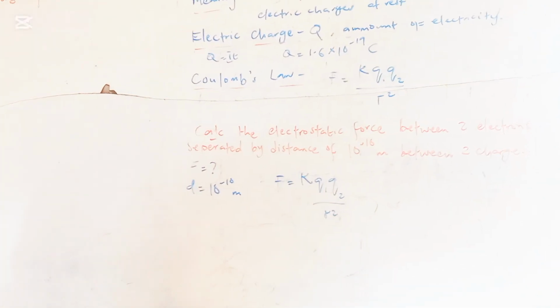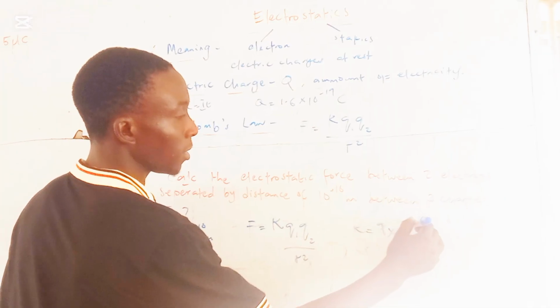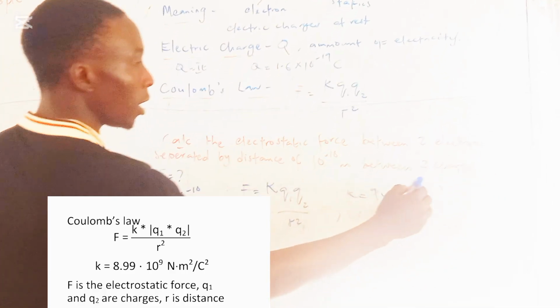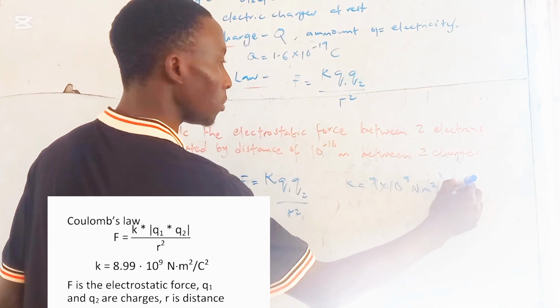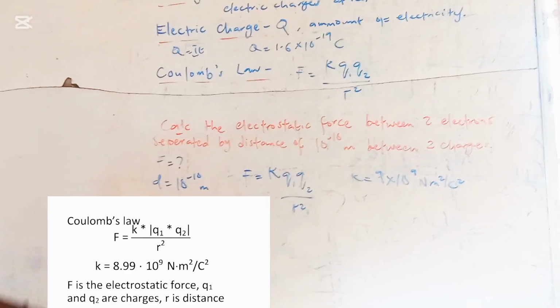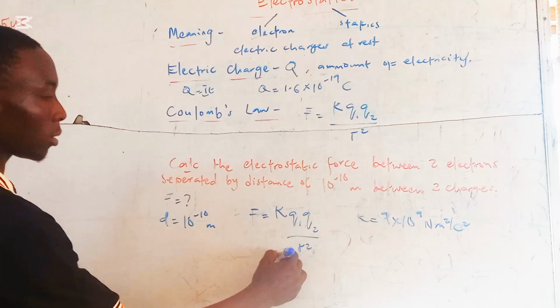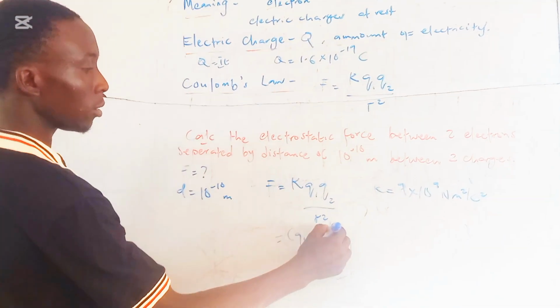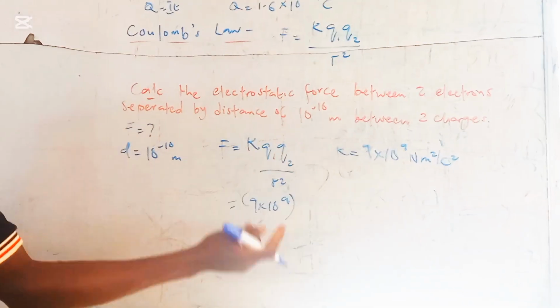Now what is K? K is the constant, and it is 9 times 10 raised to the power 9 Newton meter square per coulomb square. So that is the constant. We are going to be using it here. So now your F will be 9 times 10 raised to the power 9. Then you know that the charge is going to be twice, so I will just square it.